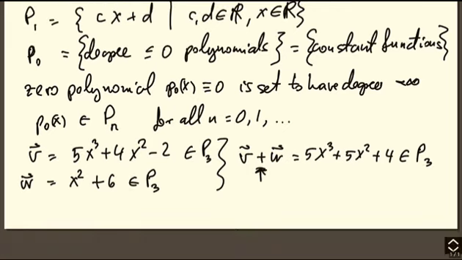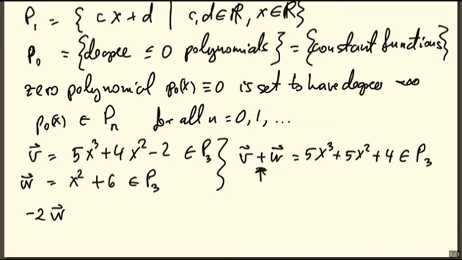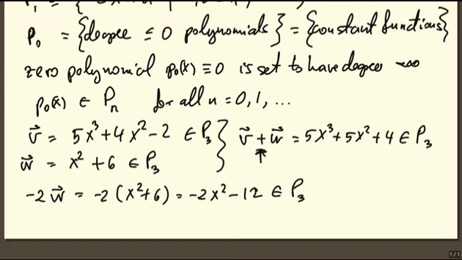Then the scalar multiplication, for example, minus 2 times w. So minus 2 is a scalar, in our case, a real number. w is this vector, which is really a polynomial. Well, we just multiply term by term, as we would do in an algebra course. And of course, you see that this is also in P3 then.